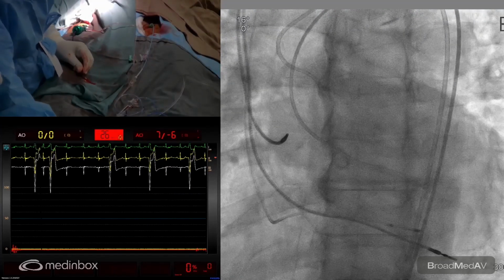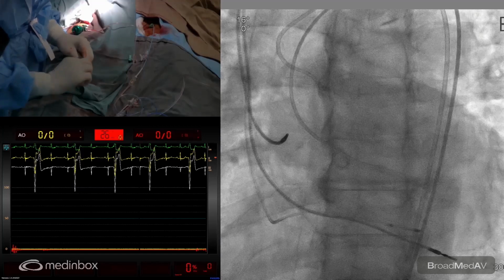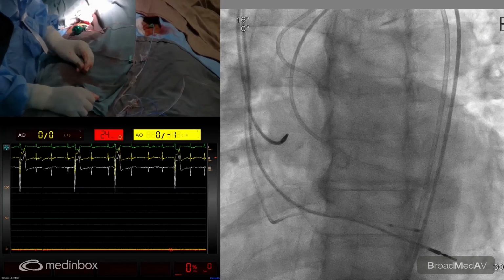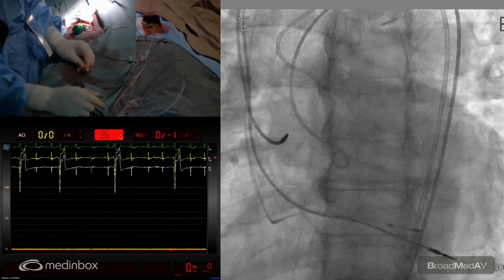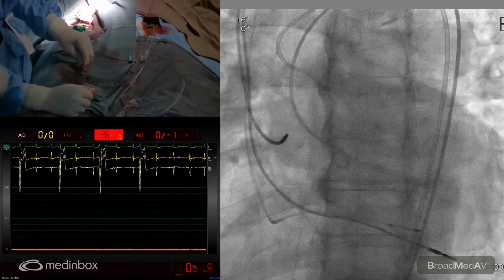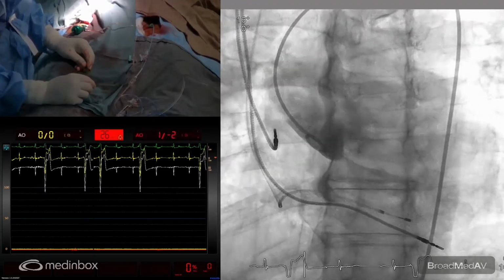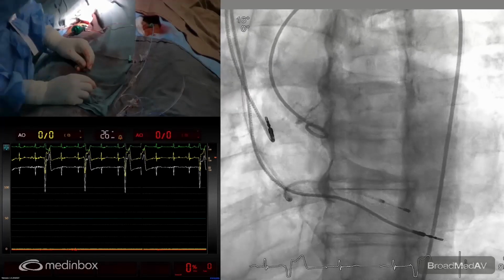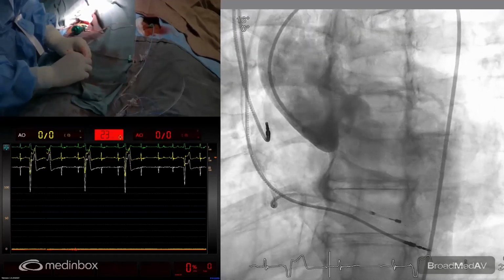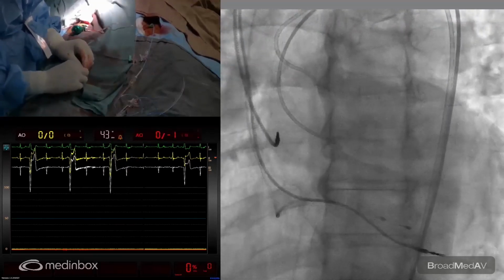Okay, so it's a minute, so we're going to flush and get us the Teflon wire, please. Yeah, flush it, please. Put on the high side. So what we do is we try 3 times for a minute each and then change hands and see if we can cross it.